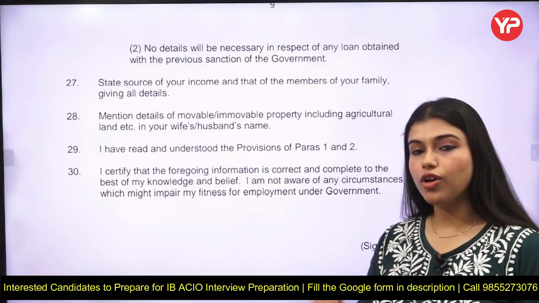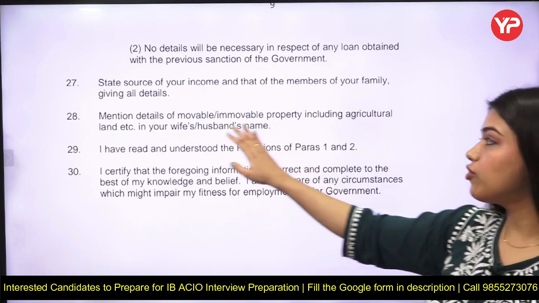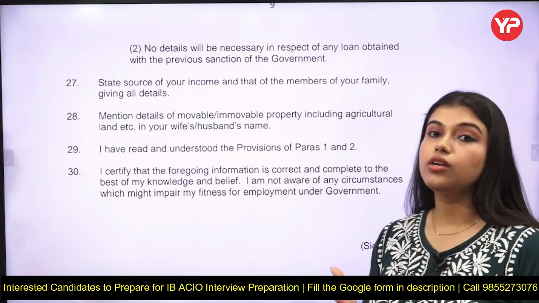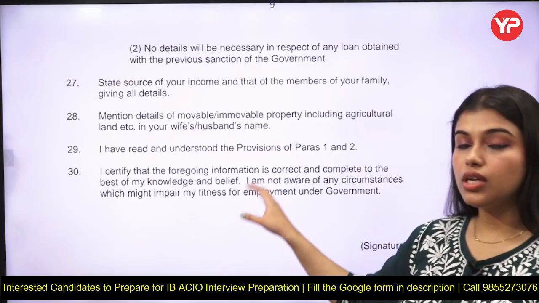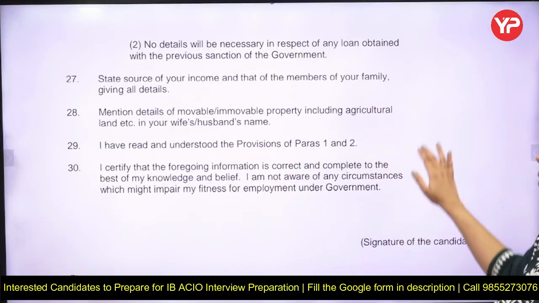We will not include our mothers and fathers, but we will include our husband or wife. We have to include movable and immovable property, agricultural land, and assets as well, everything included in your wife's or husband's name. Kindly mention it here.